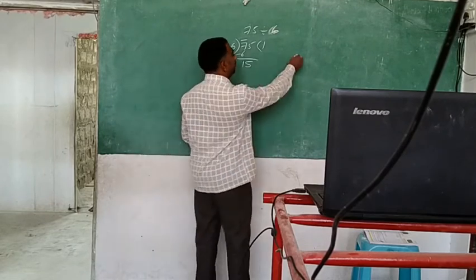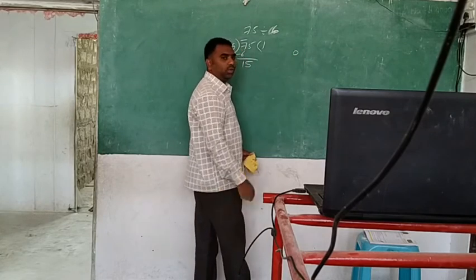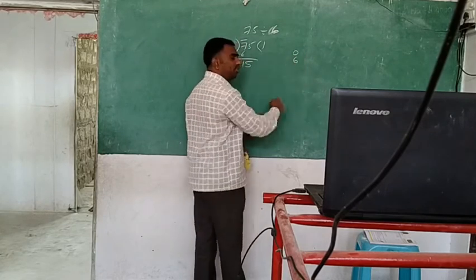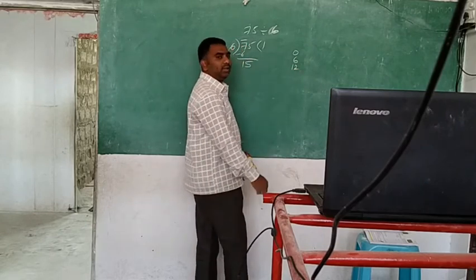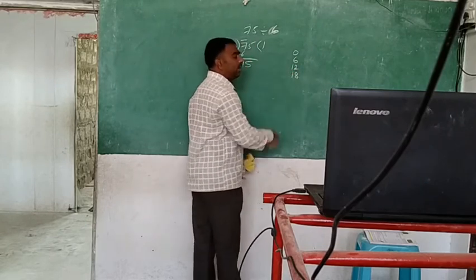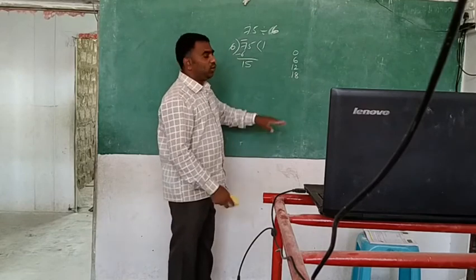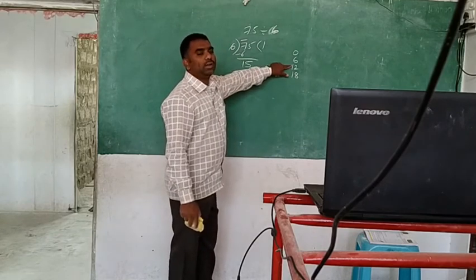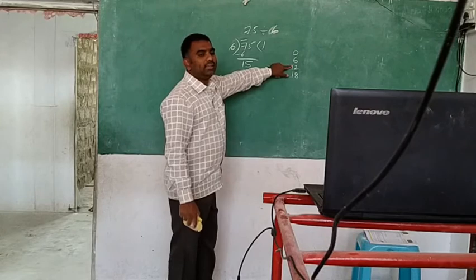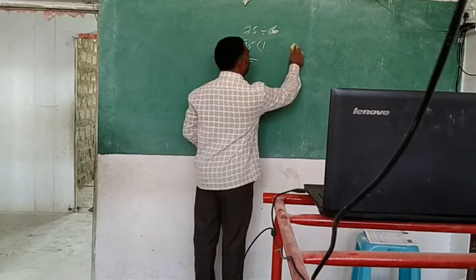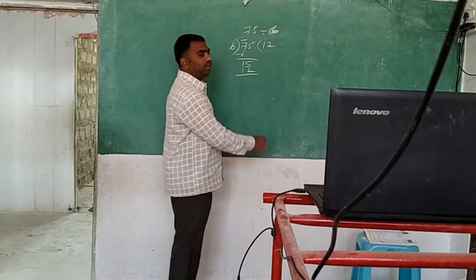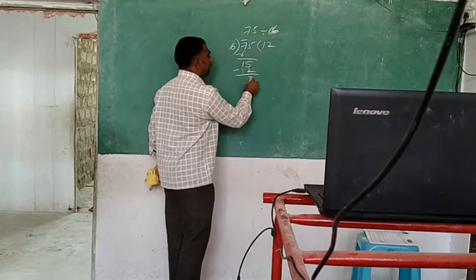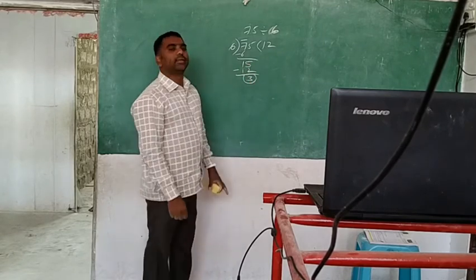How do you check it? 6 zeros are 0, 6 ones are 6, also small. 6 twos are 12, also small. 6 threes are 18, which is bigger. That's why what will you take? 6 twos are 12 you will take. 6 threes are 18 is bigger. That's why 6 twos are 12. Then you will subtract here. 15 minus 12 will be 3.